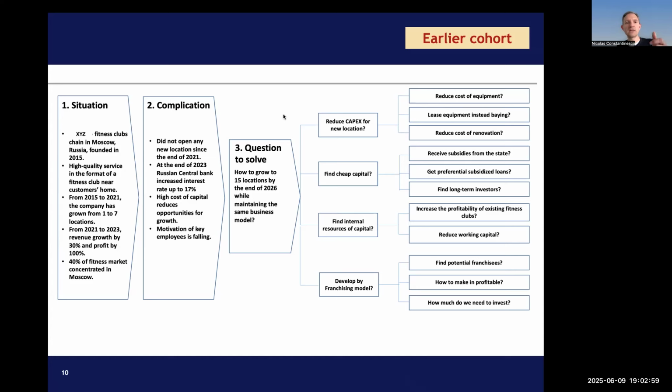You could potentially add a box around changing the format of the fitness clubs, unless that's not allowed because we need to keep the business model the same, right? If you have a chain of fitness clubs, maybe part of the business model is that all your studios are 100 to 120 square meters.